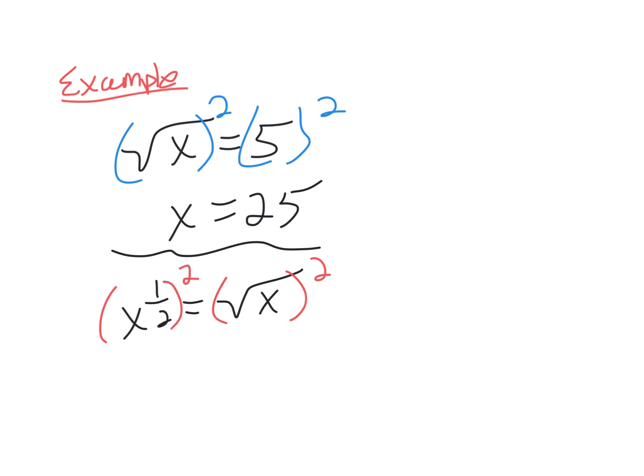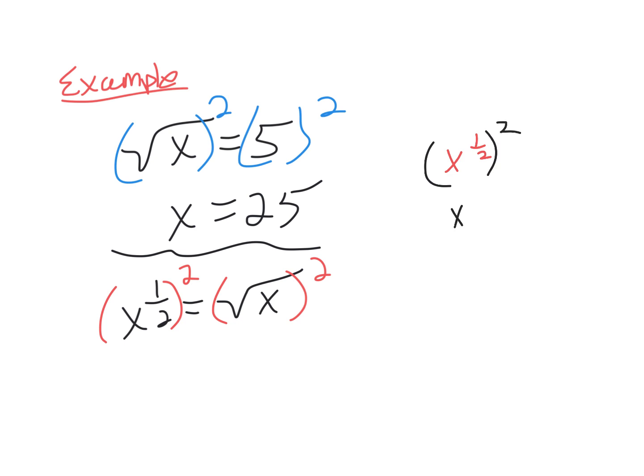What I want you to see is what happens when we have a base to a fractional exponent and then we raise it to the reciprocal of that power, x to the 1/2 to the power of 2. Let me show you that over here. So again, we have x to the 1/2 that we're going to square.